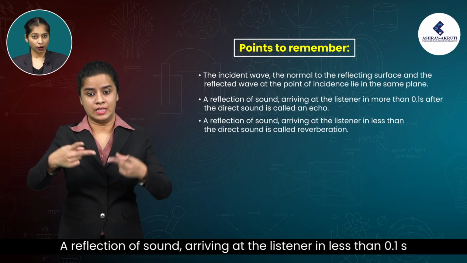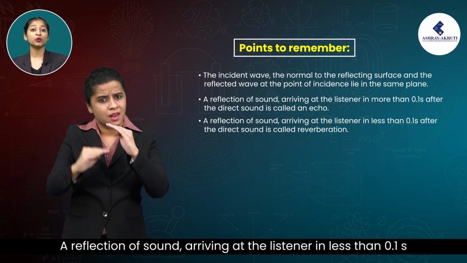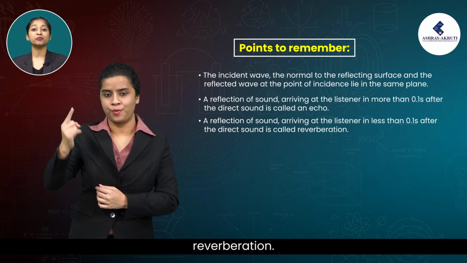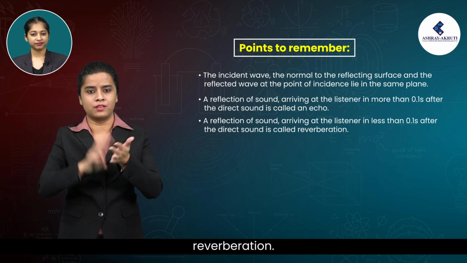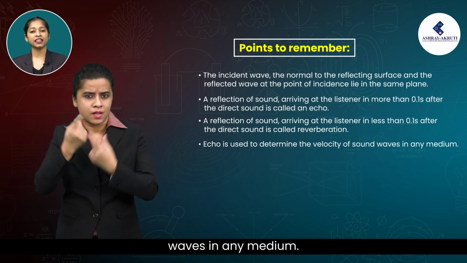A reflection of sound arriving at the listener in less than 0.1 second after the direct sound is called reverberation. Echo is used to determine the velocity of sound waves in any medium.